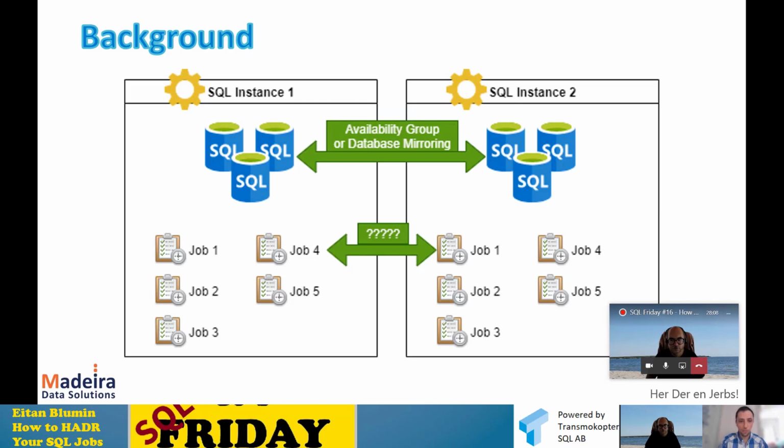But there is no comparative high availability solution for jobs, as in what would happen to a job in the event of a failover, when the database roles are changed suddenly. One job might be able to run regardless of whether the relevant database is primary or secondary, or principal or mirror, but other jobs may fail due to this failover.